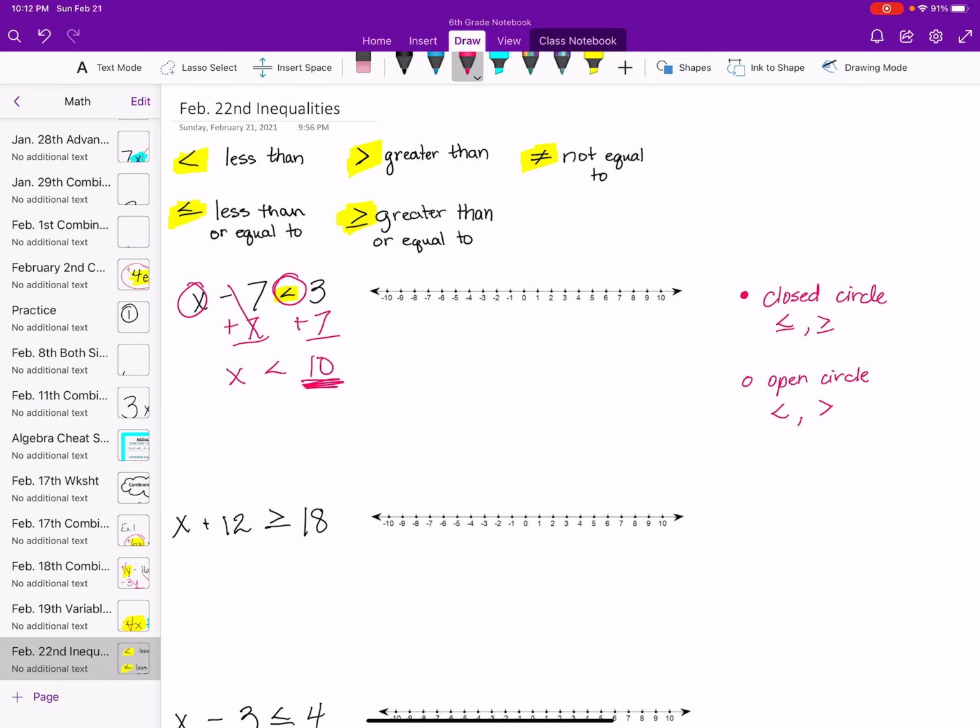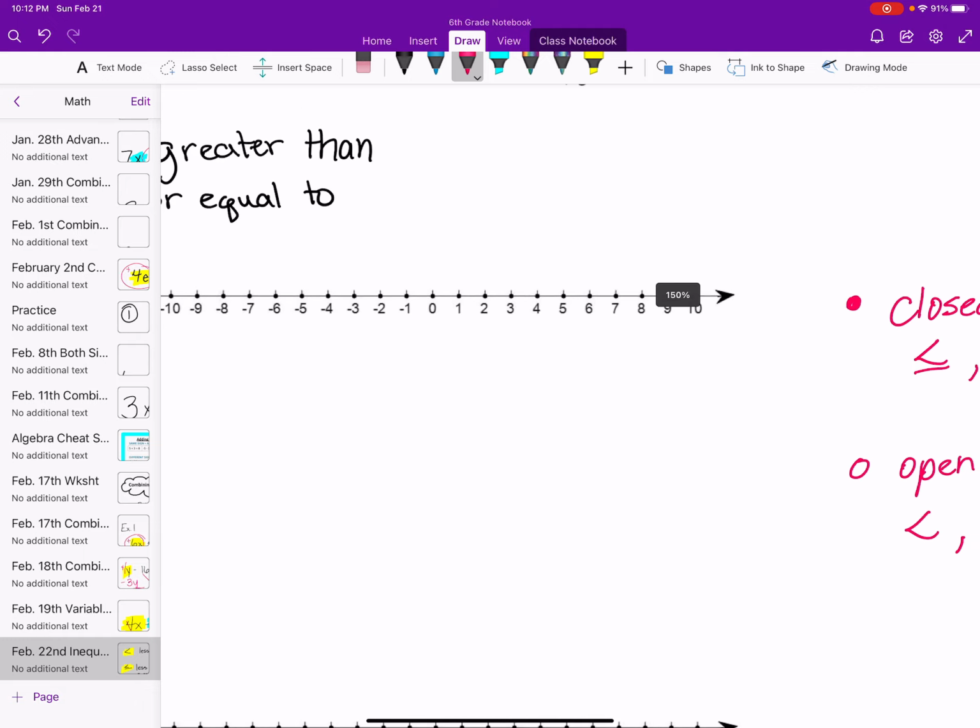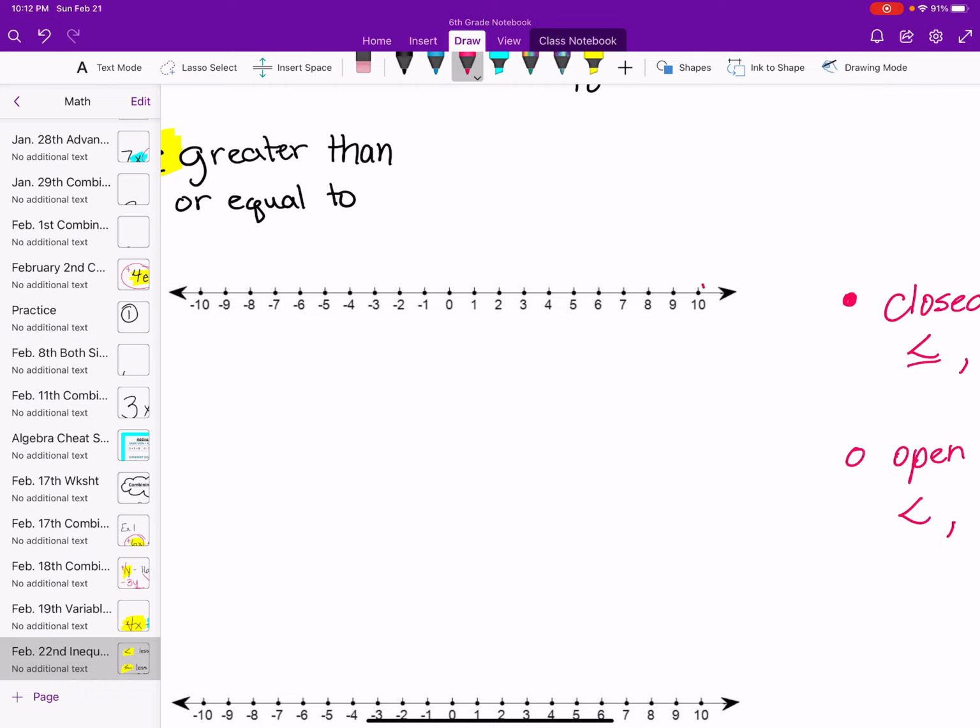So I only have a less than sign without the line underneath, which means or equal to. And that's saying that my answer has to be less than 10. It can't be 10, it has to be less than 10. So that's why I'm putting an open circle here. It means it cannot be that number, but it can be anything less than that.